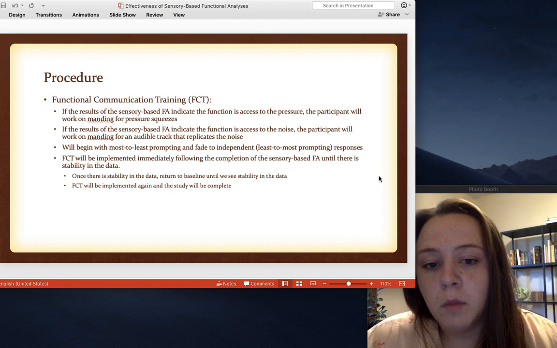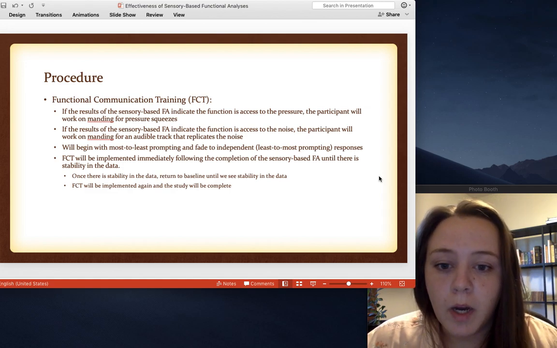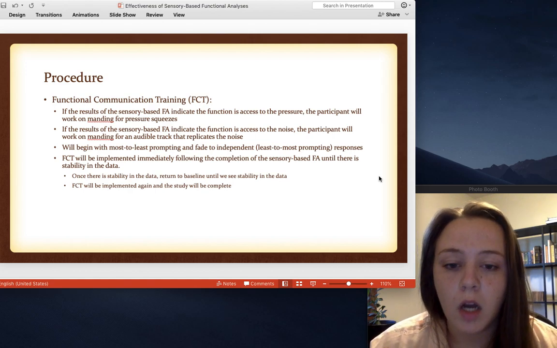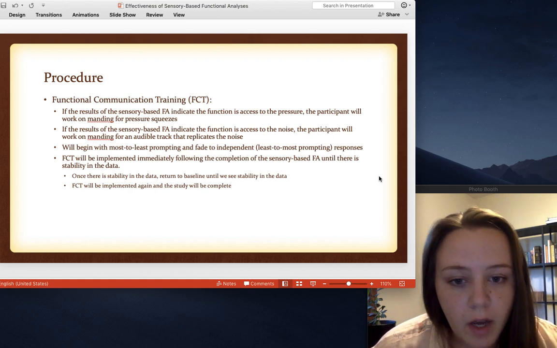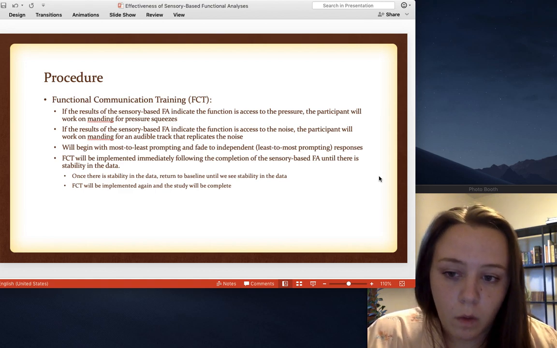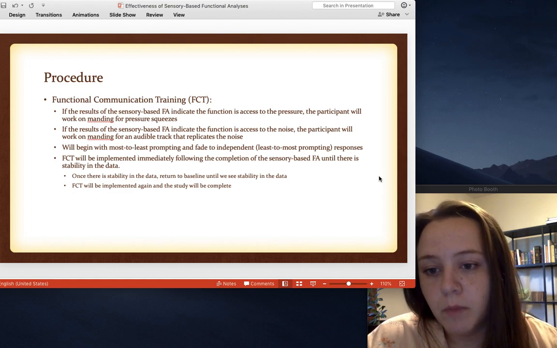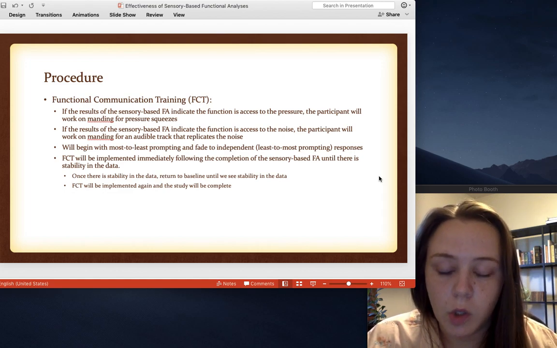Vocal communication will require vocal prompting. But if we had the GoTalk or some kind of device, they would use the full physical prompt to begin with and then fade from the partial physical and then to the gestural.